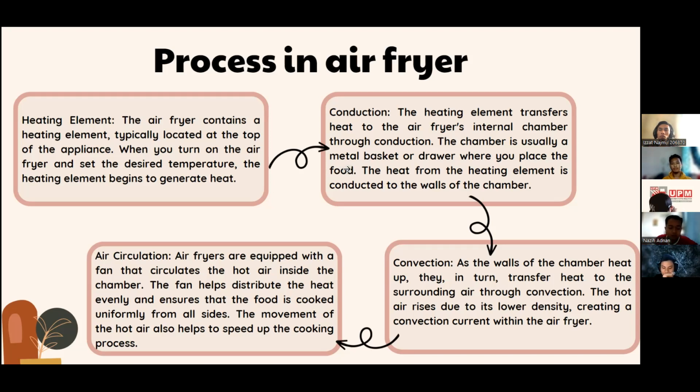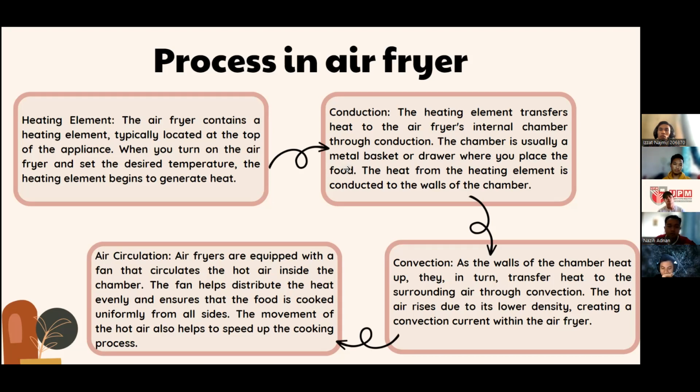The next process is convection. As the walls of the chamber heat up, they in turn transfer heat to the surrounding air through convection. The hot air rises due to its lower density, creating a convection current within the air fryer. For air circulation, air fryers are equipped with a fan that circulates the hot air inside the chamber.